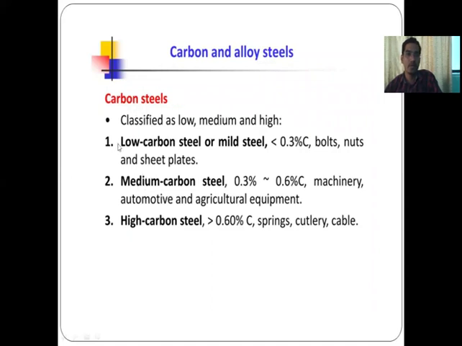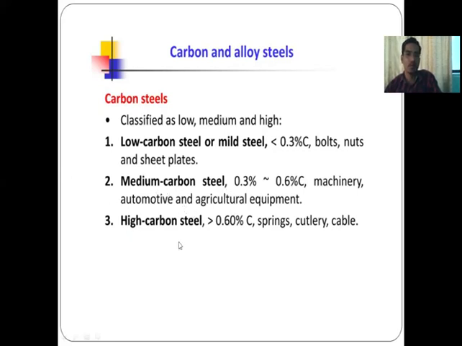metal are made up of low carbon steel material, which has quite less strength. The second type of carbon steel is medium carbon steel, which contains 0.3% to 0.6% carbon. Machineries are made up of this medium carbon steel material. Automotive and agriculture equipment are also manufactured by using the medium carbon steel.